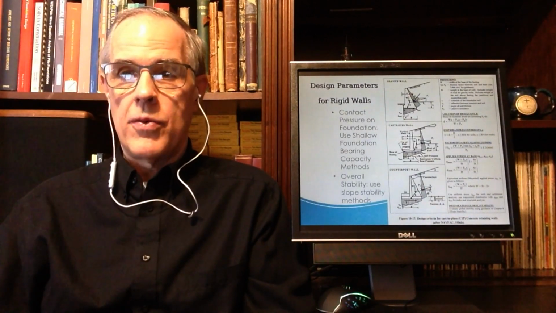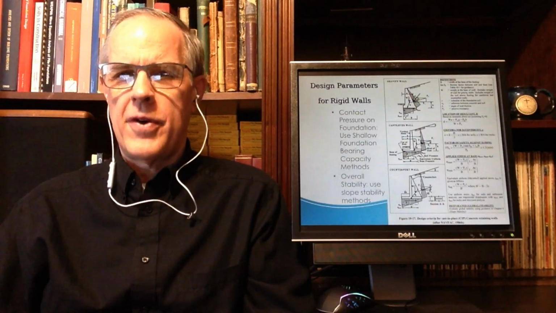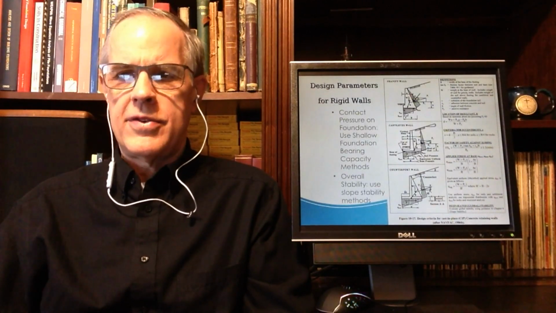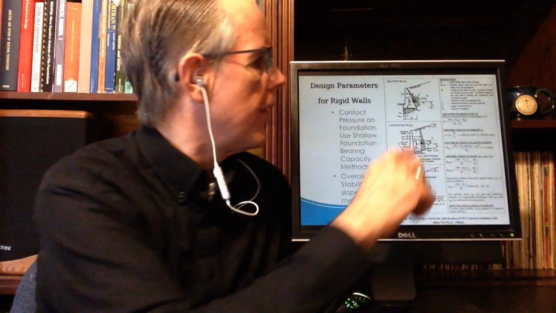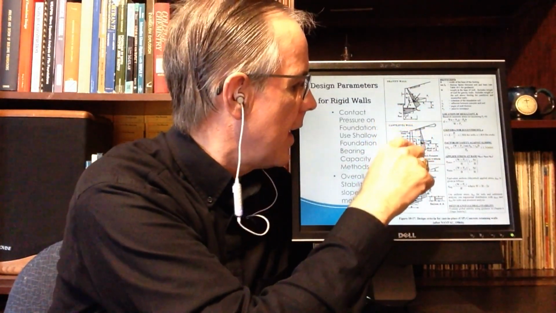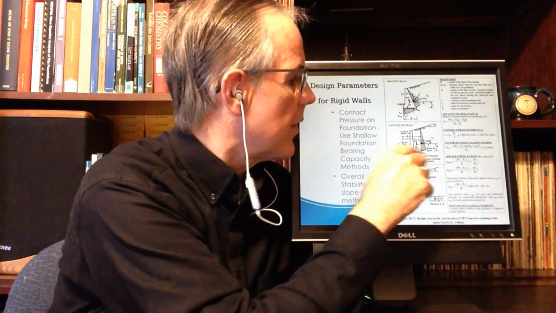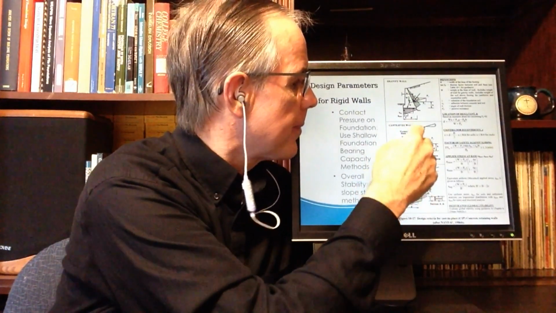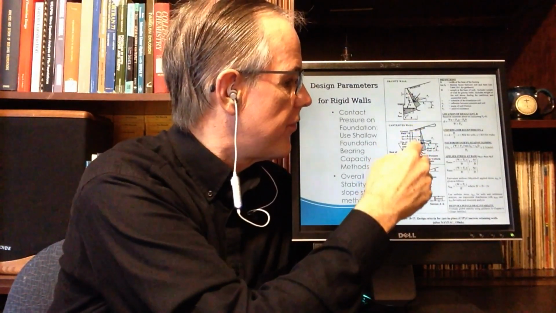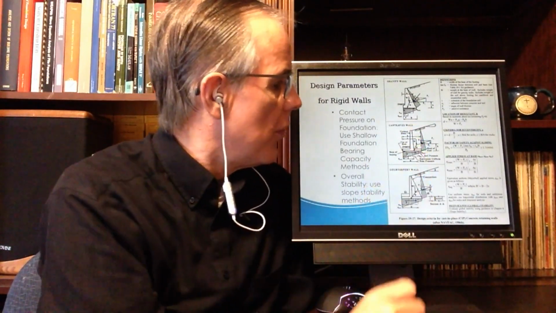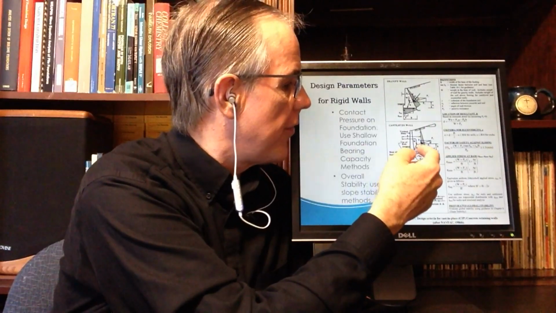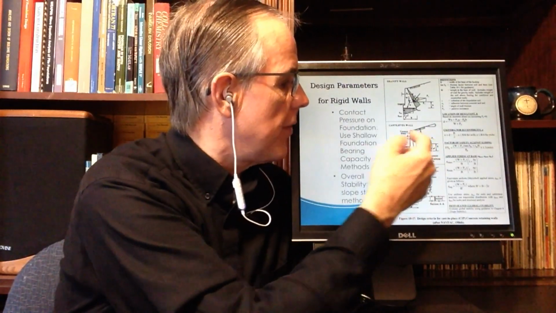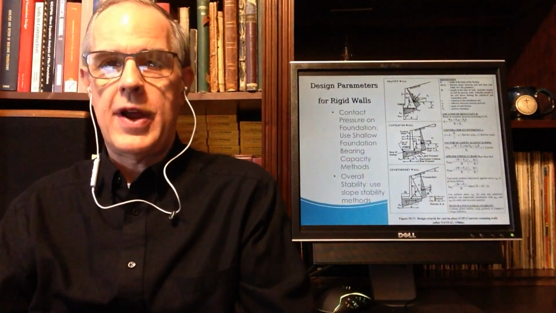A cantilever wall, which is what we're really going to focus on, is a wall where instead of having lots of concrete like we have here, we reduce the amount of concrete. Basically, we trap a segment of soil. Normally we consider all the soil from the heel back to the wall as trapped.